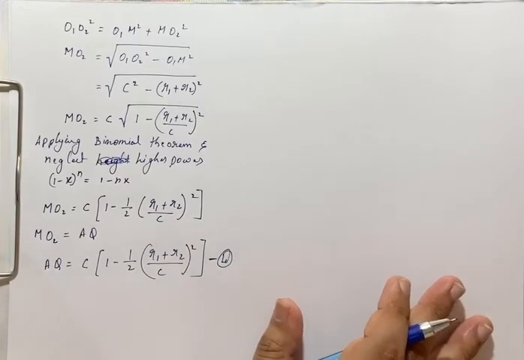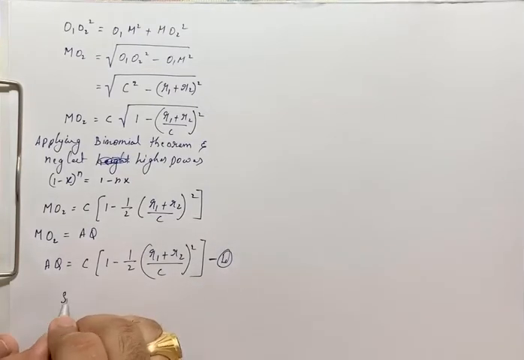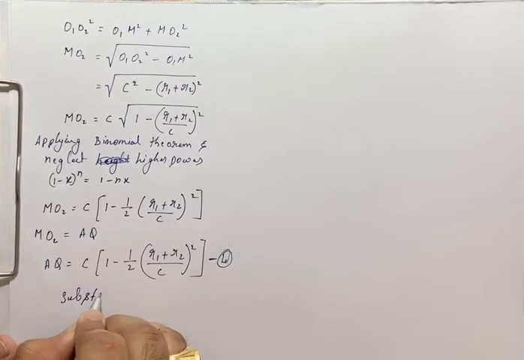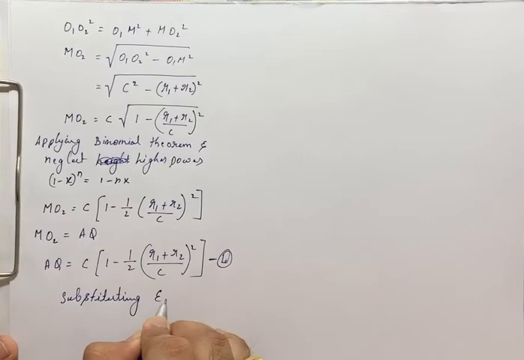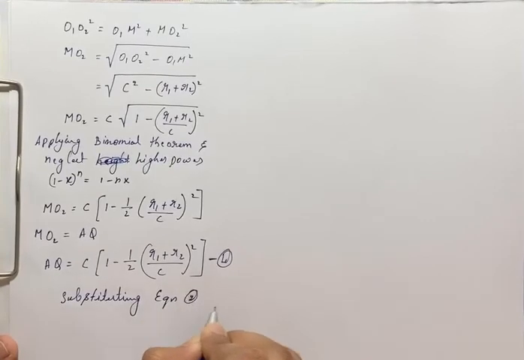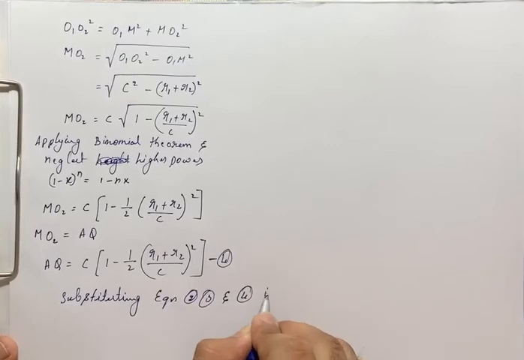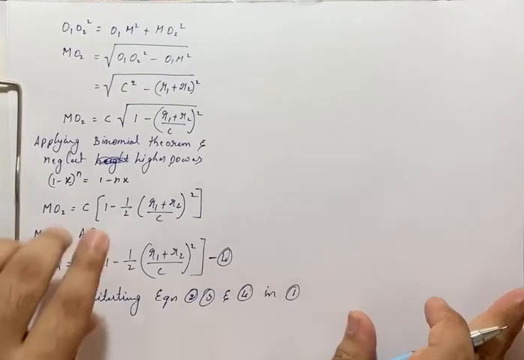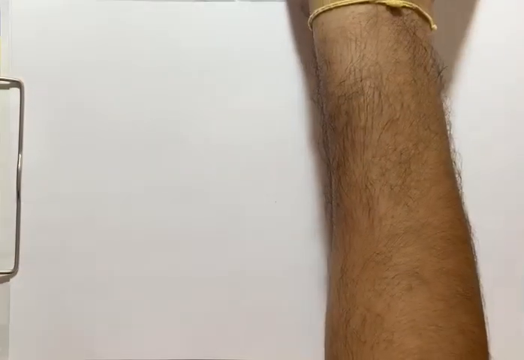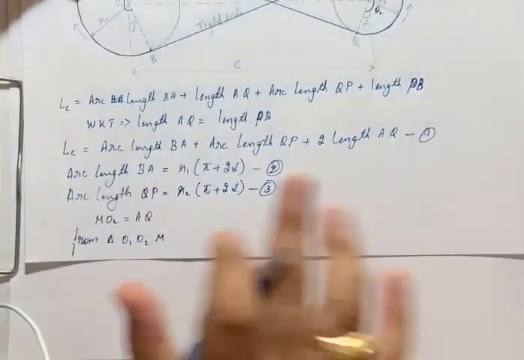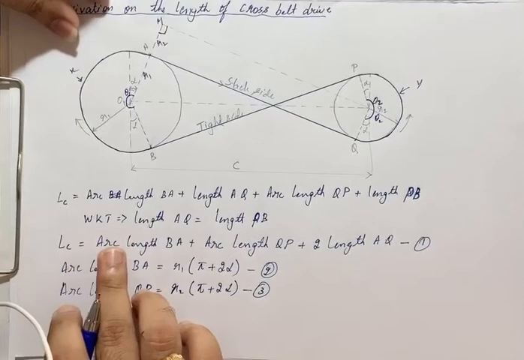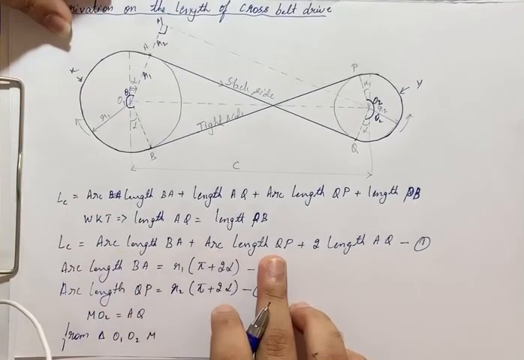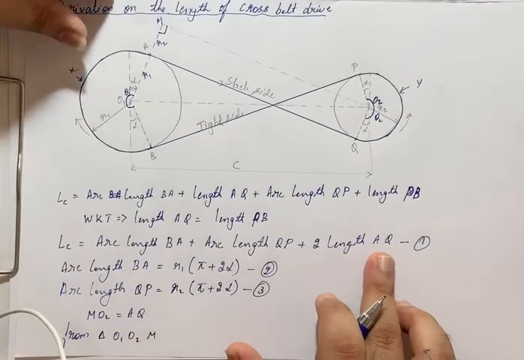Now what we will be doing, we will be substituting equation 2, 3 and 4 in 1, right. Now what we have, LC, this is the equation number 1. LC is what? Arc length BA plus arc length QP plus 2 times length AQ, right.